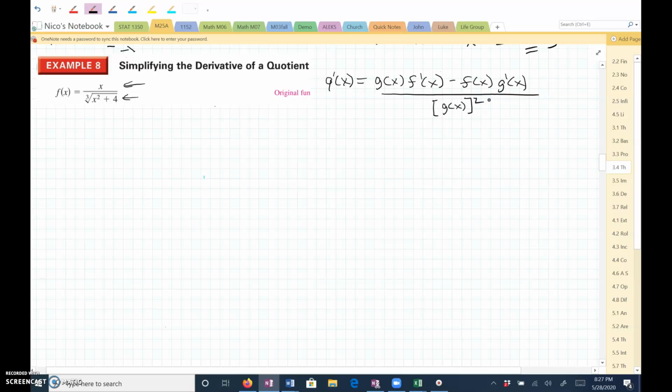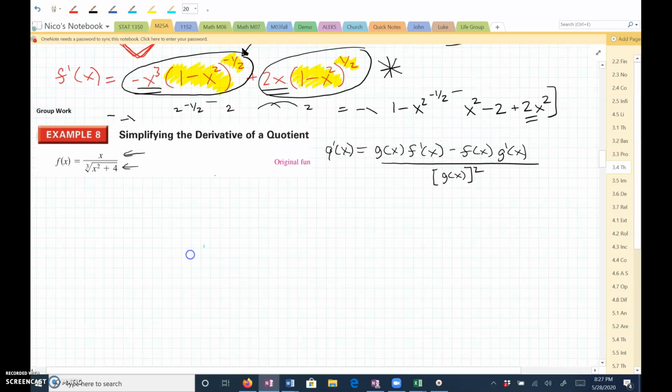So let's go through this one, see if we can do that. So f prime of x equals, this is the f prime of x right here, okay?